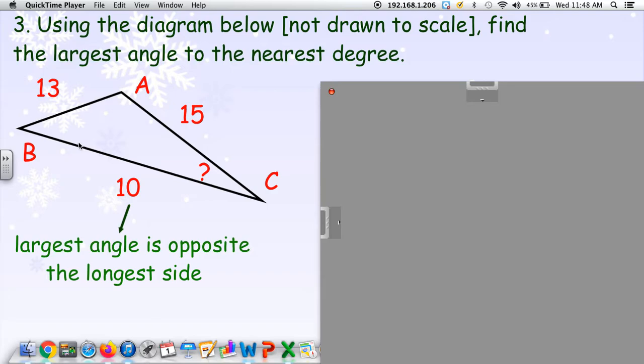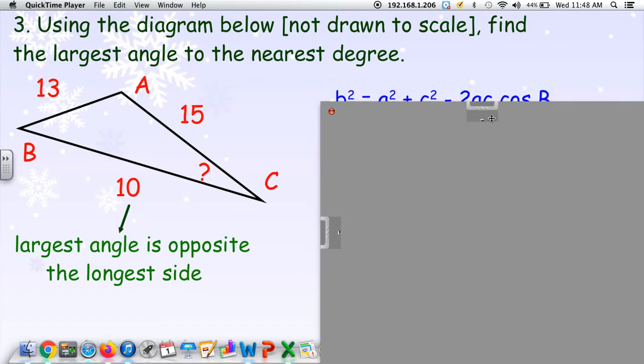Okay? So in writing my equation, remember then, because I'm looking for angle B, I have to start with side B, because we did say that the same letter starts and ends the equation. So here's what I'm going to use.